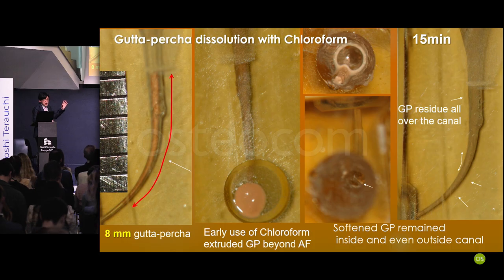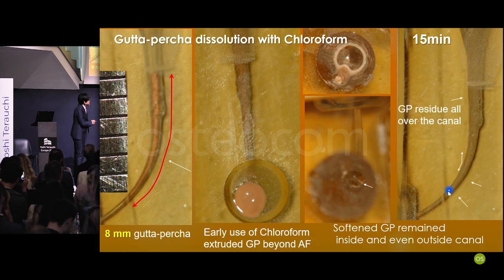However, if you see the gutta percha 8 millimeters in the canal, and if you use chloroform agitated, 15 minutes after the agitation, you see lots of chloroform remaining, lots of softened gutta percha remaining inside the root canal.